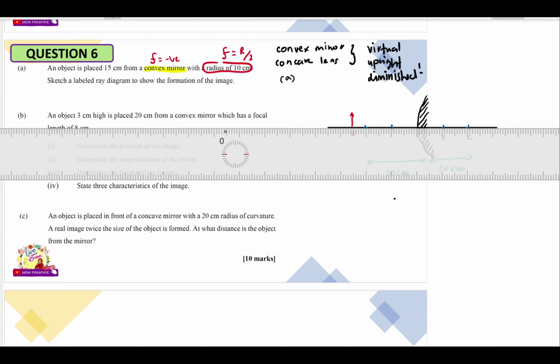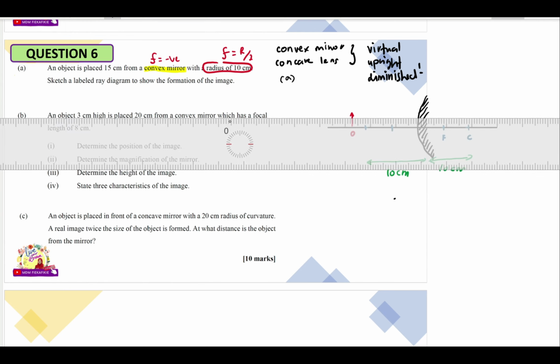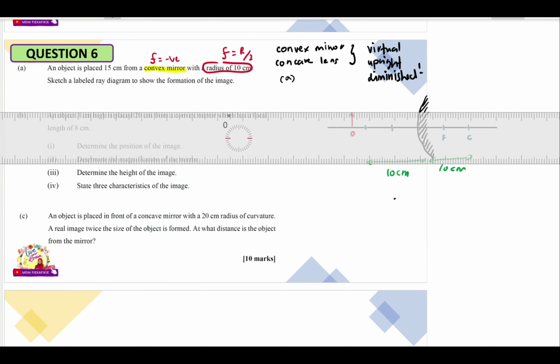Okay, so now, let's try to sketch. We're gonna have the first ray. Saya boleh lukis, that one is parallel. Saya akan buat macam ini. Saya ambil colour lain boleh? Okay, saya ambil colour hijau.